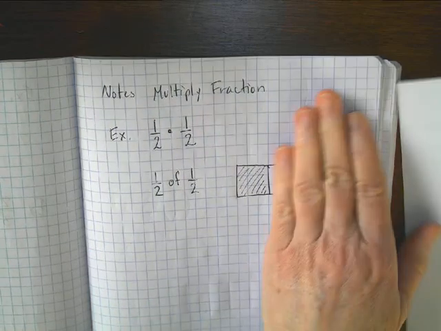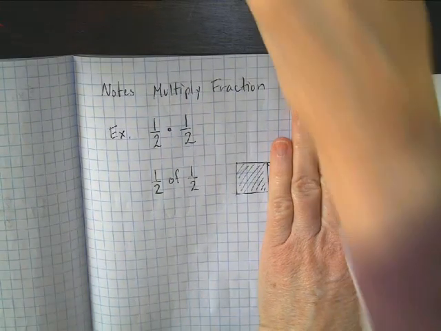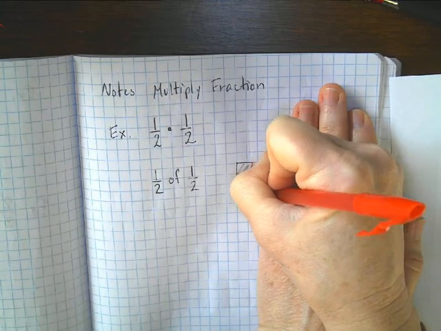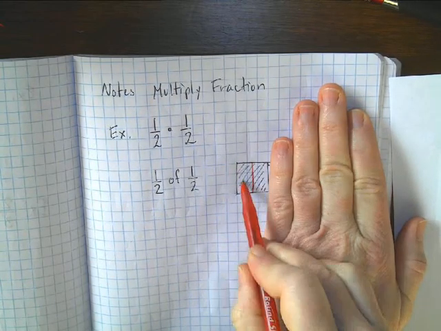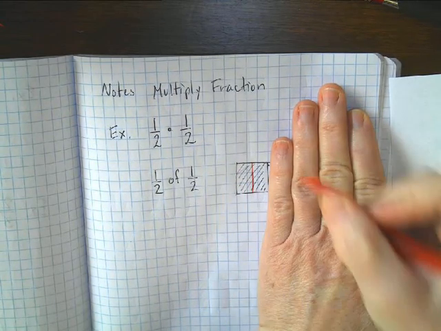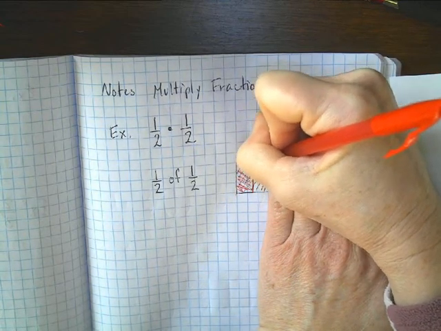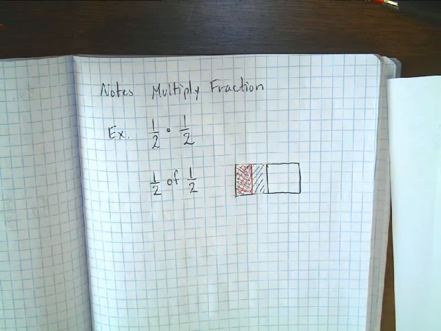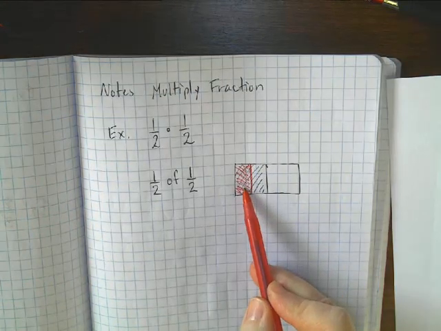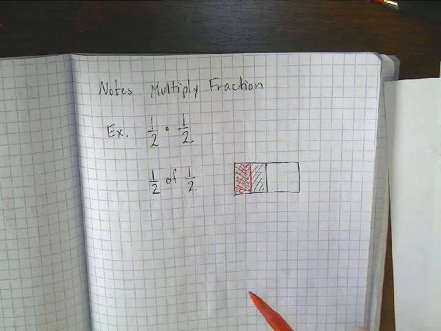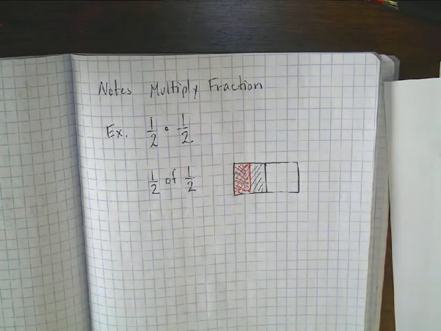So just looking at this, I'm going to cut that in half. If I cut that in half, see how I have 2 equal pieces, and now I'm going to fill in half of it. So this is half of a half. Half of a half. So how much is that? What is half of a half?